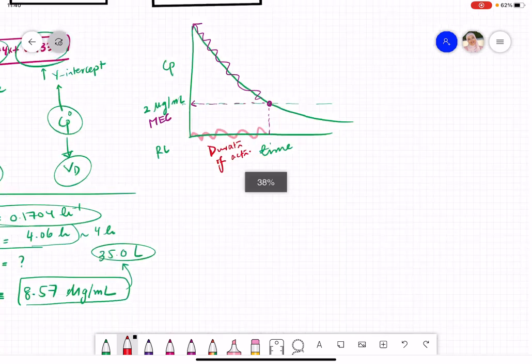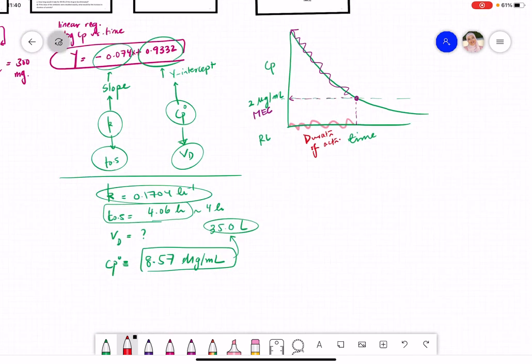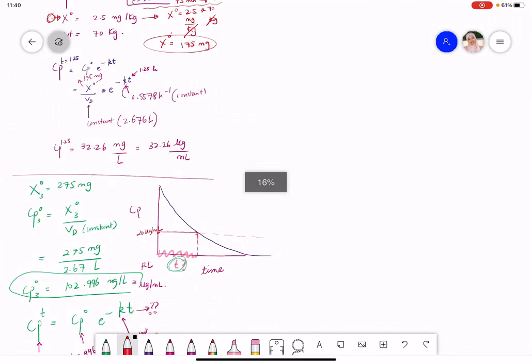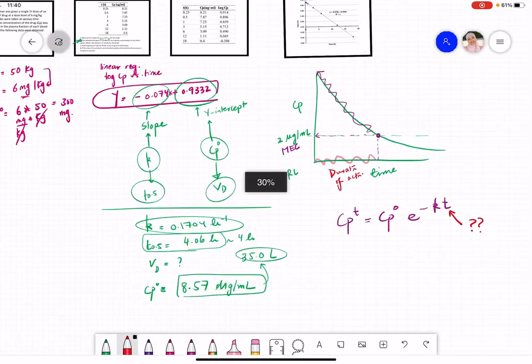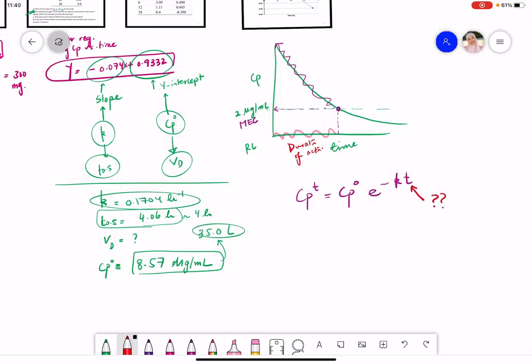To determine this duration of action, you need to use CB at a certain time equals CB node times e to the power of minus K times time. We have this as 2 microgram per milliliter.